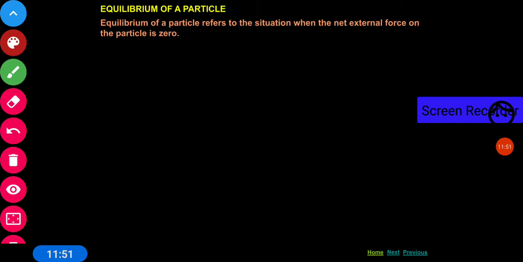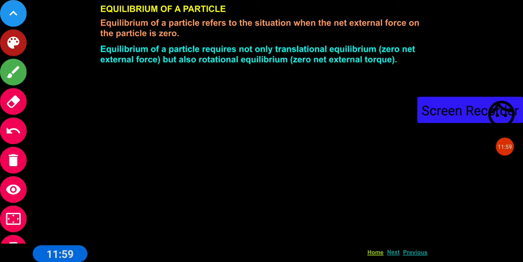Now, equilibrium of a particle. Equilibrium of a particle refers to the situation when the net external force on the particle is zero. It requires not only translational equilibrium, zero net external force, but also rotational equilibrium, zero net external torque.